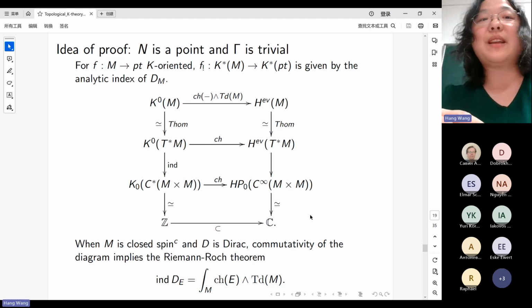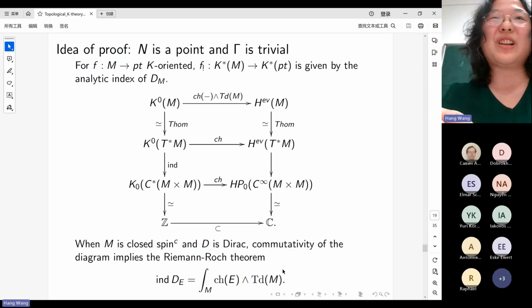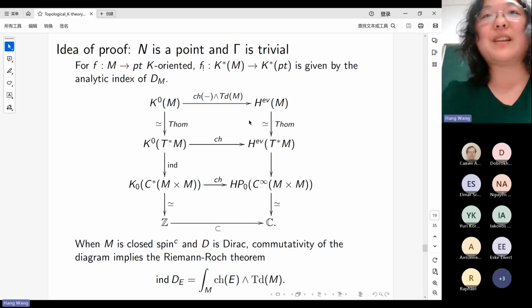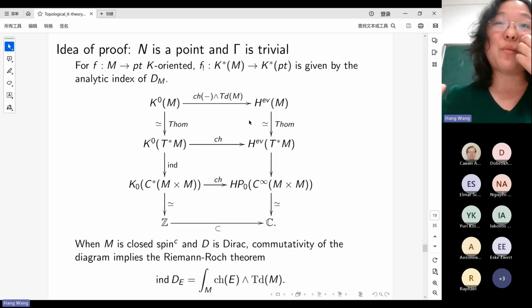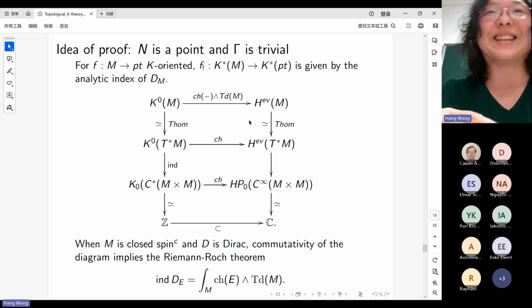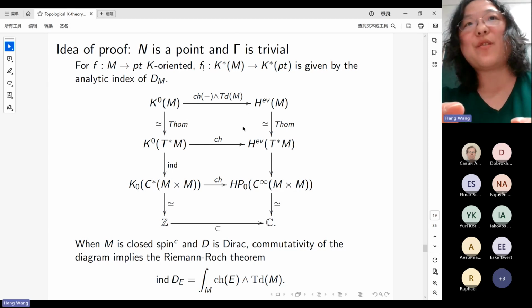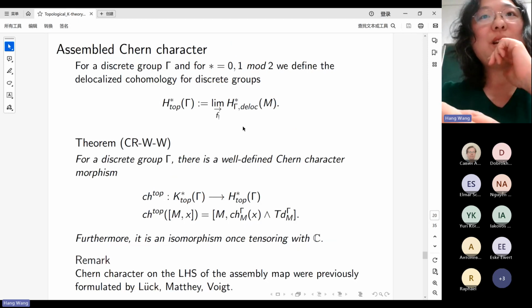So the commutativity of this diagram in particular shows the Riemann-Roch theorem for a closed manifold, which is essentially the proof of Atiyah-Singer. But in general, we can lift this diagram to a more complicated diagram and show the commutativity. So this is the idea of proof of our main theorem.